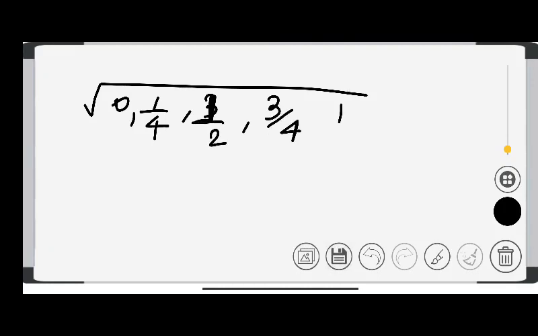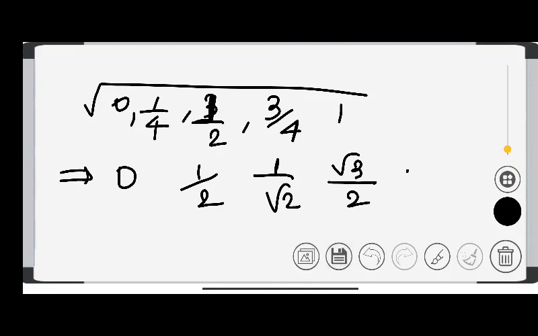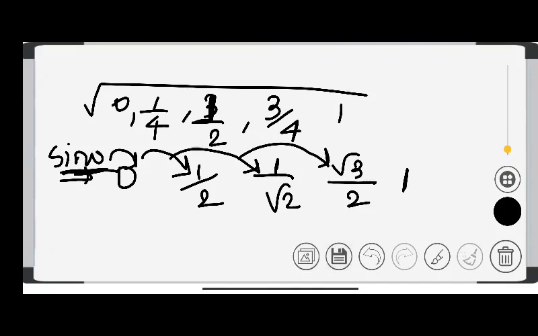If you take root of all these, you find root 0 is 0, for 1 by 4 you find 1 by 2, for this one you find 1 by root 2, for this one you will find root 3 by 2, for this one you will find 1. So these are the values of sine theta: sine 0 is 0, sine 30 degree is 1 by 2, sine 45 degree is 1 upon root 2, sine 60 degree is root 3 by 2, and sine 90 degree is 1.